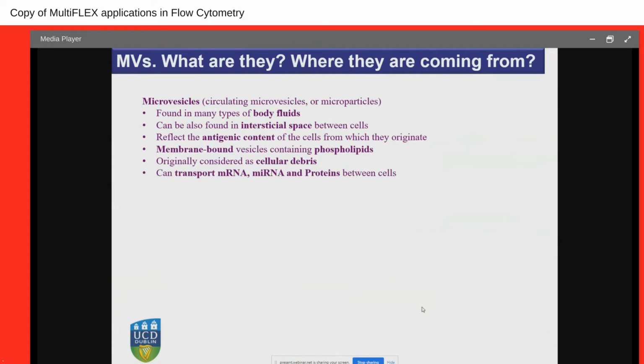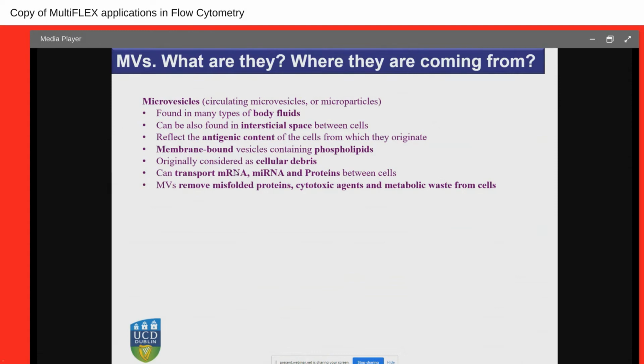But what people are finding is that those vesicles contain mRNA and proteins, which can be transferred and transported between different cells in different parts of the body. Some of the others can be used to remove misfolding proteins, cytotoxic agents, metabolic waste.